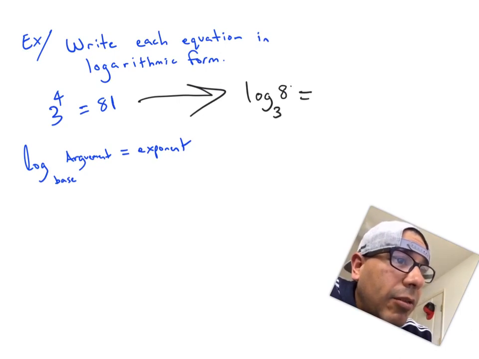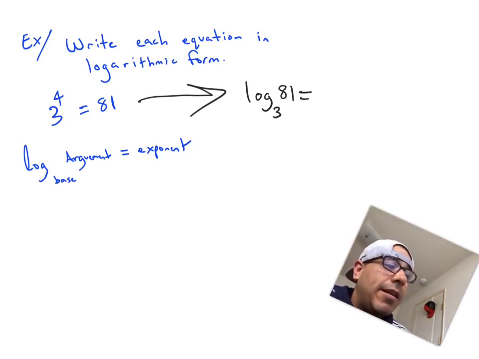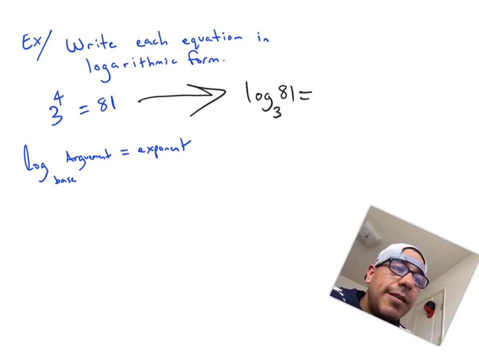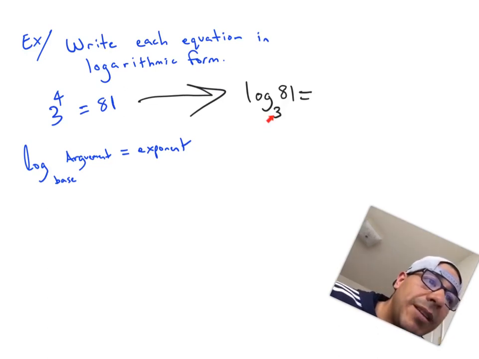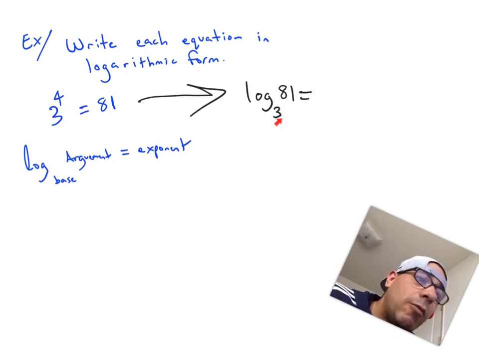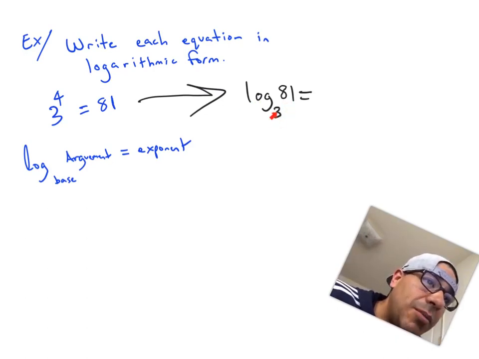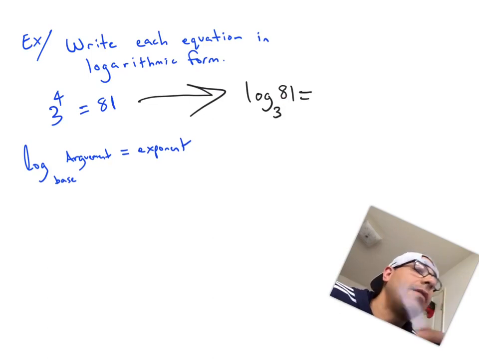So our argument goes right there. Please make sure when you're writing these that you make the subscript small. Don't make these the same size. This is not 3 raised to the 81st power. This is log subscript 3, log base 3 of 81.